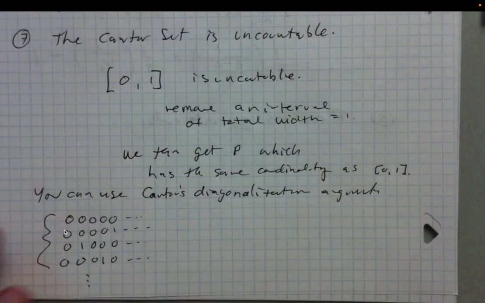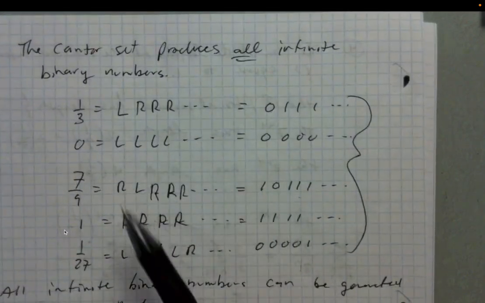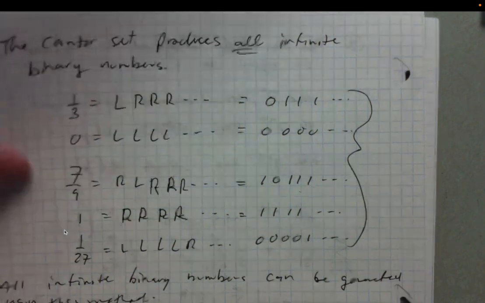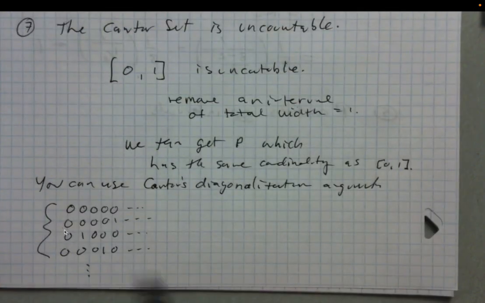So I come up with some kind of a list. One way to do it would be to list them layer by layer. Take the endpoints of each layer and start there. So I've got 0, and maybe my next one would be 1, and then take the 4 endpoints of layer 1, and then the 8 endpoints of layer 2. You could just list them all. You can map them out like that.